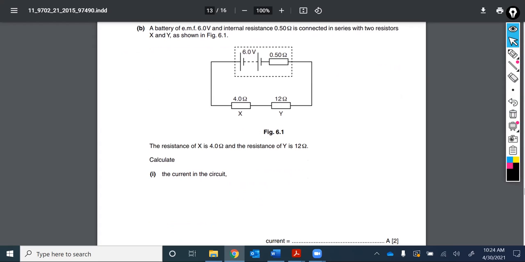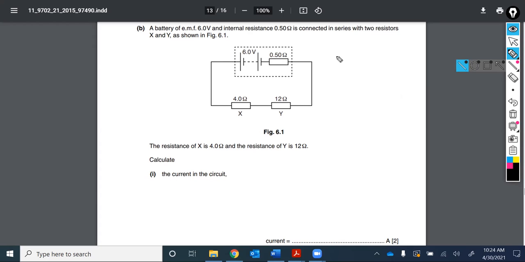In order to get the current in a circuit, we think about the arrangement of resistors, plus there's internal resistance we need to account for in a series circuit. Based on how much we've resisted the flow of charge, that will determine how much current can be drawn from this battery that has a certain e.m.f, a certain energy per charge, voltage.